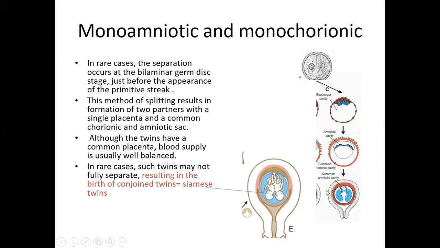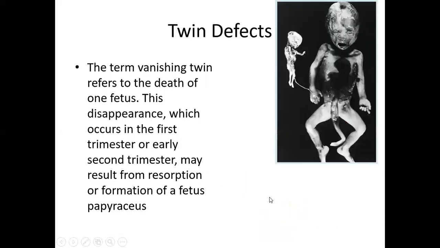In rare cases, such twins may not fully separate, resulting in the birth of conjoined twins. Such twins are also known as Siamese twins. So when the division of the bilaminar germ disc is not complete, it may give rise to Siamese twins.